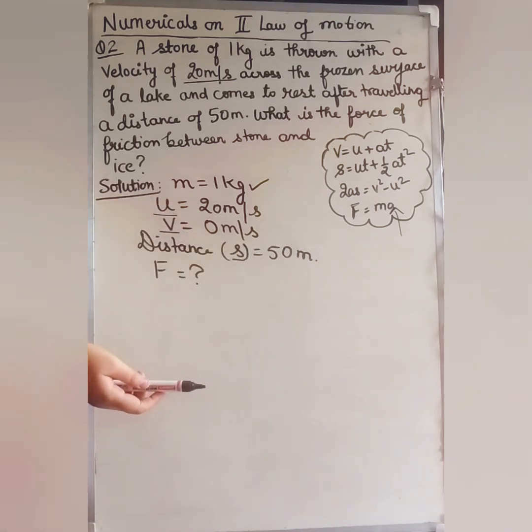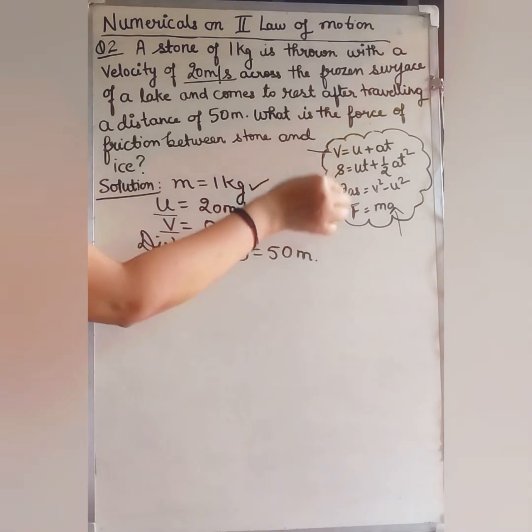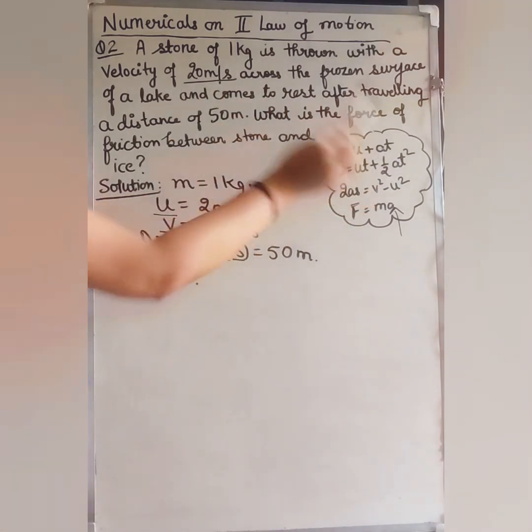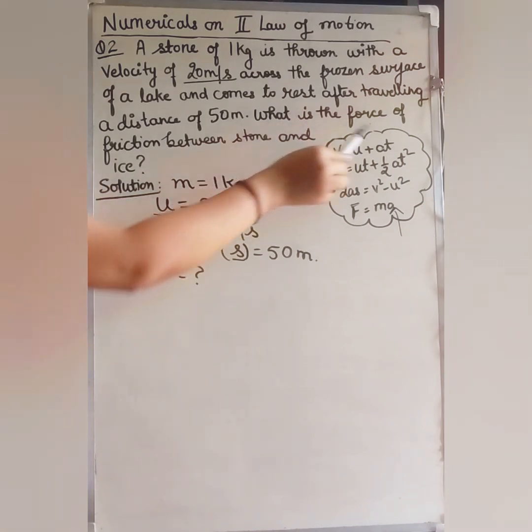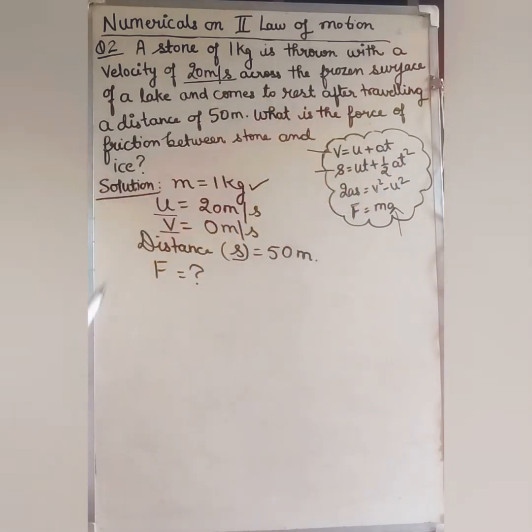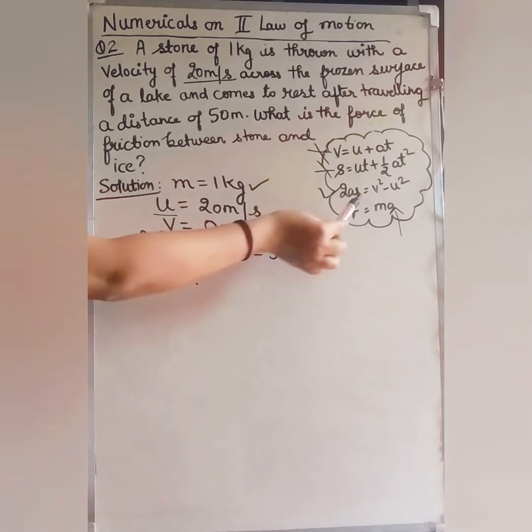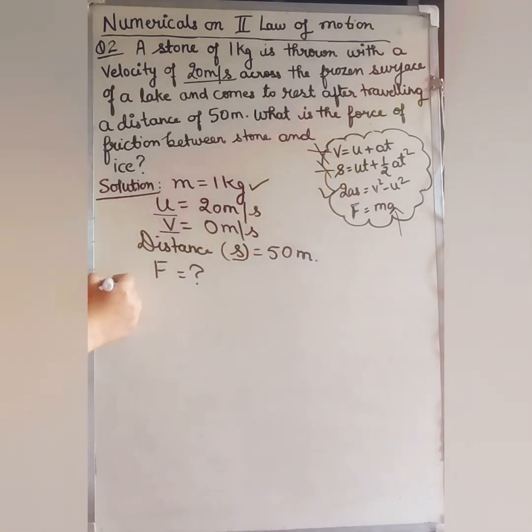See, if I take equation 1 and equation 2, then we can get the value of A, but the problem is that they both want T. We do not have T here, so we cannot use these two equations. But in the third equation, I can clearly get the value of A. So I will use my third equation of motion, that is 2AS is equal to V square minus U square.